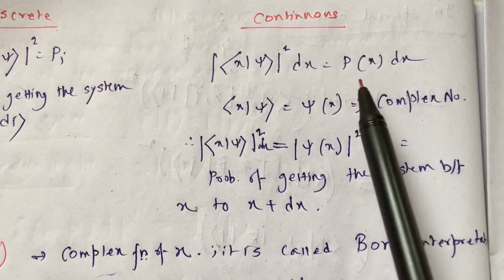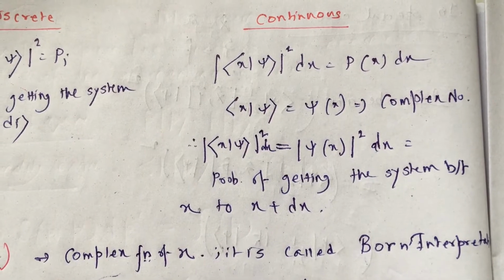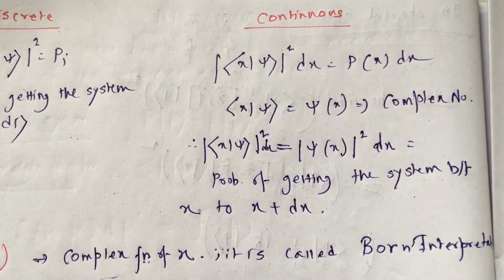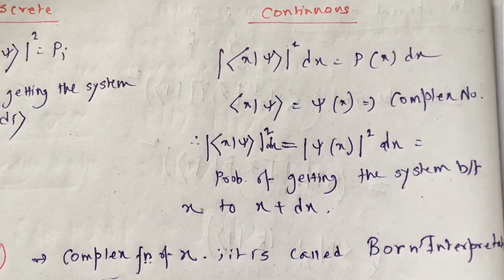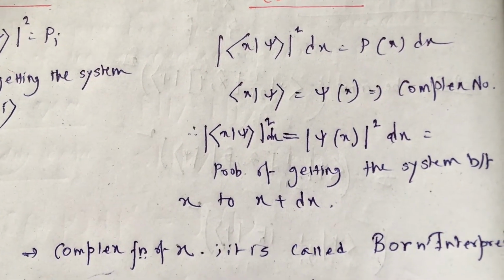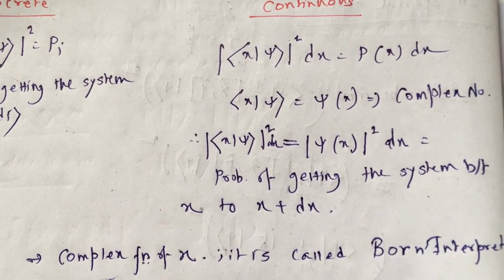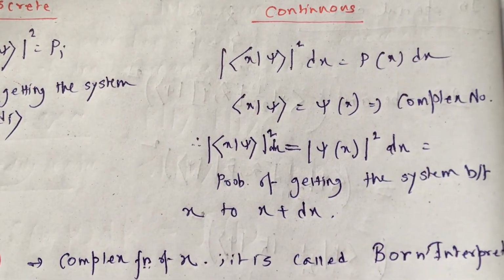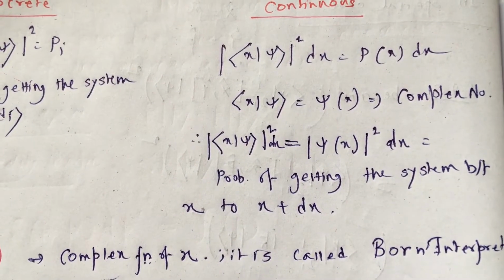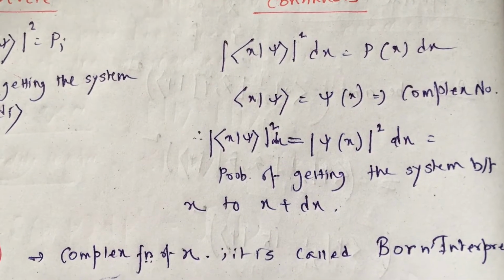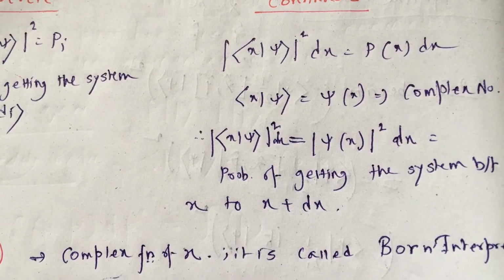This tells me about the probability of finding a particle or a system within this dx domain. That means if I have a position x and if I have a position x plus dx, then this px dx will give me the probability of getting a particle or a system within that position between x to x plus dx.